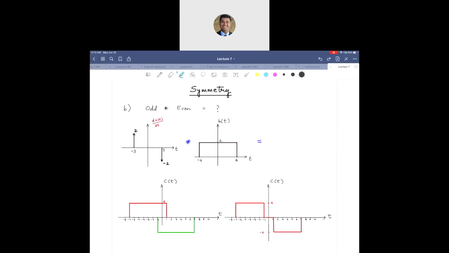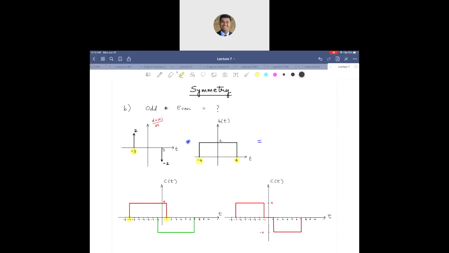So when I convolve the first impulse all the way on the left with b of t, what do I get? It will start at -7 and it will end at -3 plus 4, 1.